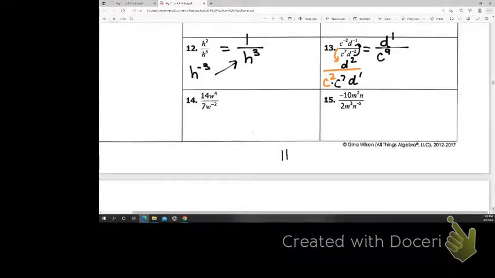Now I've written everything as a positive, and now if I subtract D to the second minus the 1 on the bottom, that's how we get D to the first on top, and those 2 C's on the bottom add together to make the 9. So if it's on the bottom with a negative, it's going to go to the top. If it's on the top, or if there's no fraction and it has a negative exponent, it's going to go to the bottom.